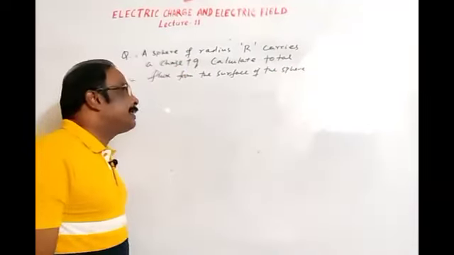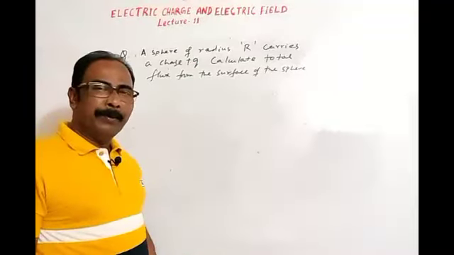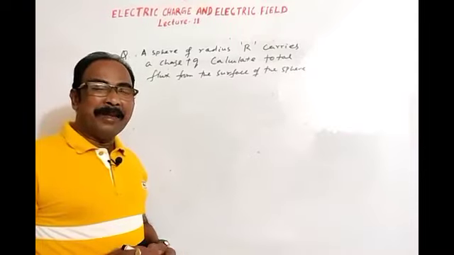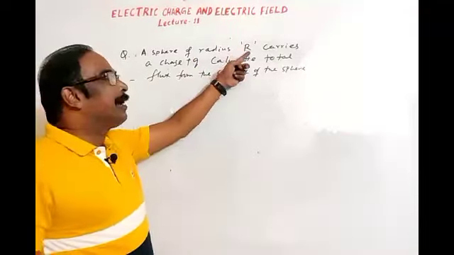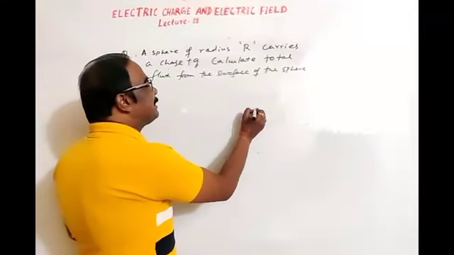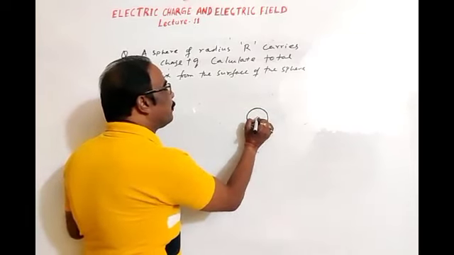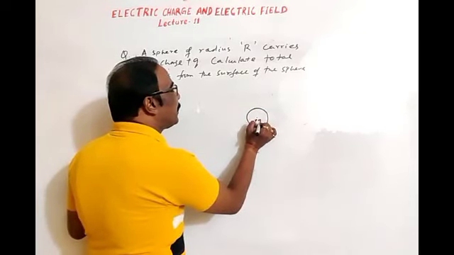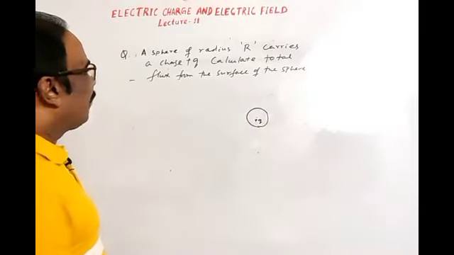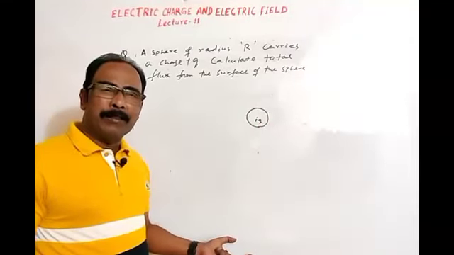Okay, this is the question, a very simple question. See students, here the magnitude of charge may be given to you. I have not taken any numerical value, I have taken variables q and r. If values are given, we can calculate. Okay, suppose this is a sphere, charge is uniformly distributed and we may assume the sphere contains a charge q, which may be assumed to be at the center of the sphere.